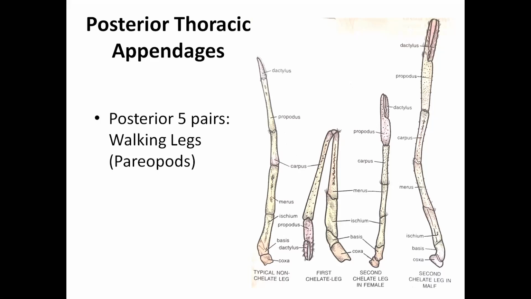In crustacea sexual dimorphism is very common, and in prawn also, in Macrobrachium there is a sexual dimorphic character, and one of the sexual dimorphic characters of Macrobrachium is the presence or the size of the chelate leg.